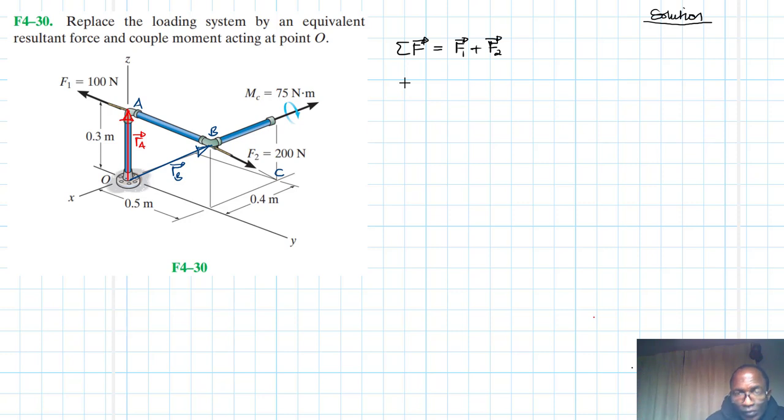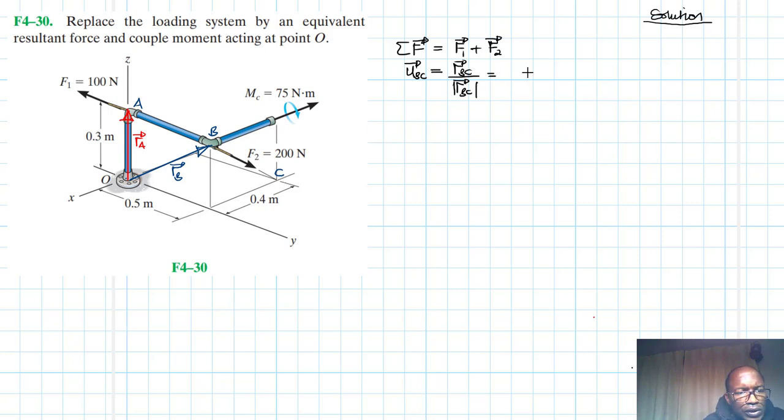So we need the unit vector BC. We need the unit vector, which is RBC divided by the magnitude RBC. Alright, so what are the coordinates of C in the X?